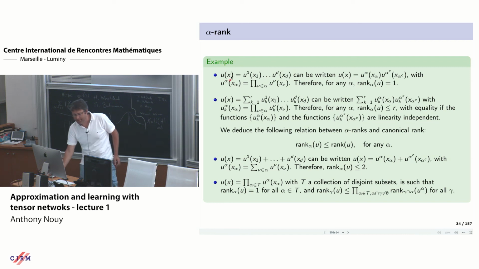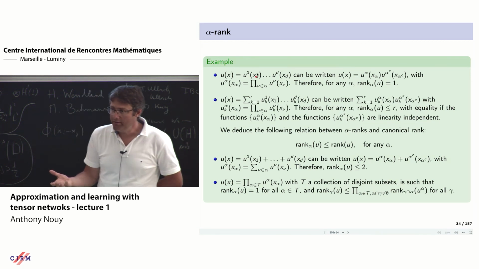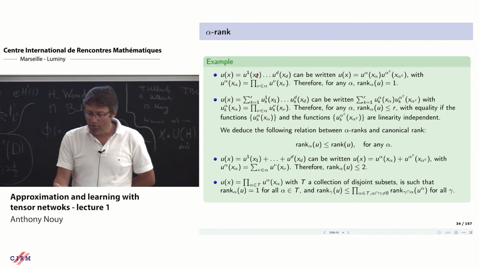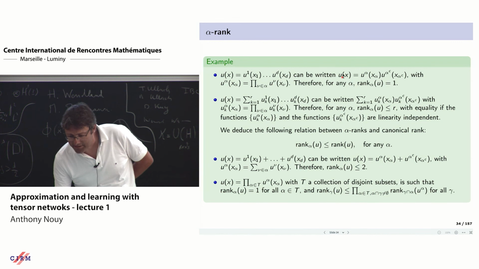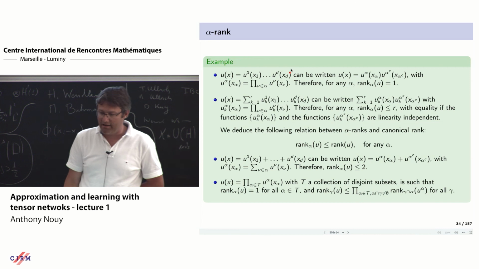The first function here is a product of univariate functions. So clearly it has a canonical rank equal to 1, but it also has all alpha ranks equal to 1. You can see it clearly because this function can be written as a product of two functions of groups of variables. u alpha of x alpha is nothing but the product of u i of x i for i in alpha.